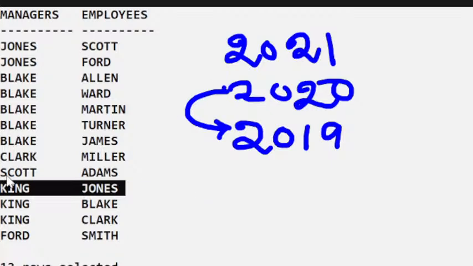But 2020 students are seniors for 2021. That means 2020 people will play how many roles? 2 roles. He is a junior for the 2019 batch, and he is a senior for the 2021 batch. Concept clear?